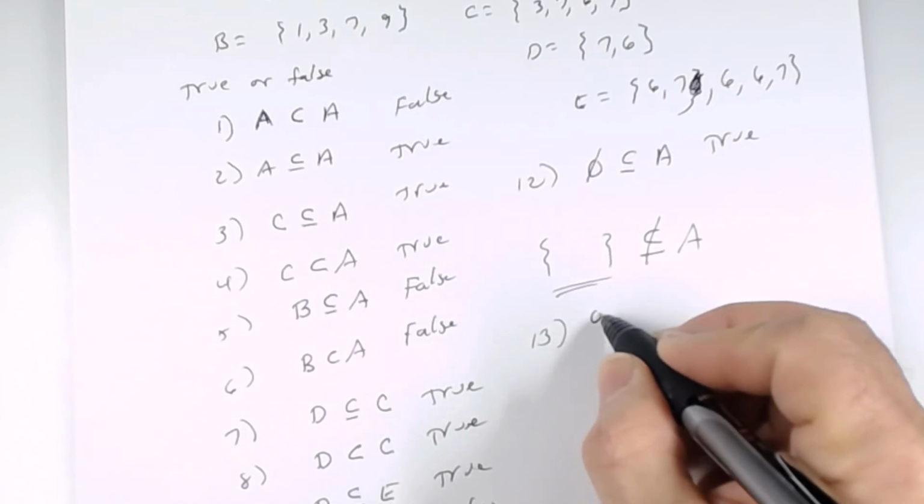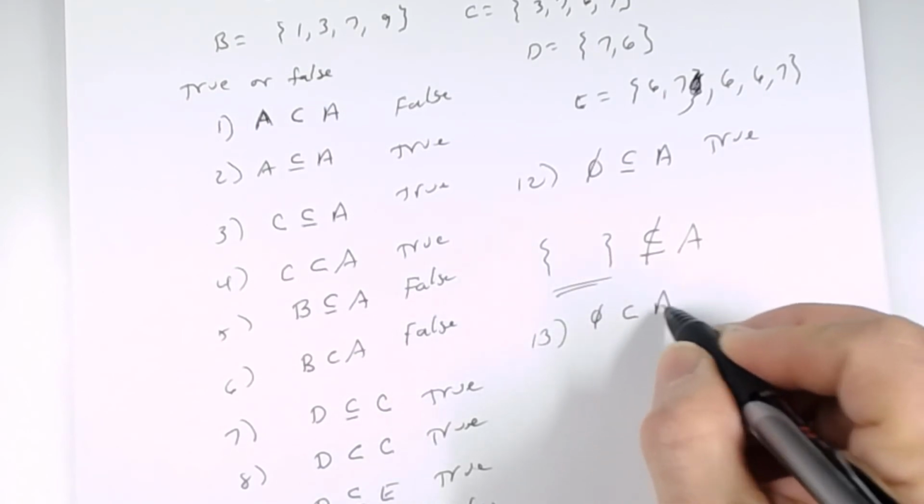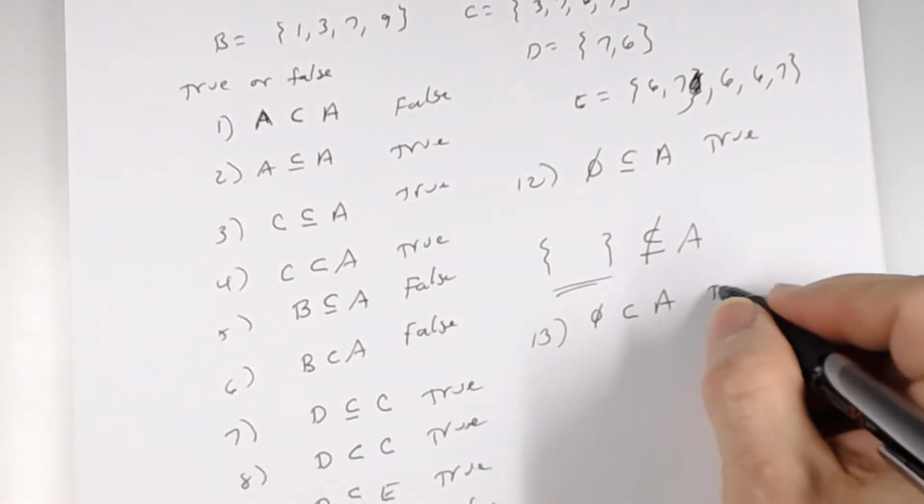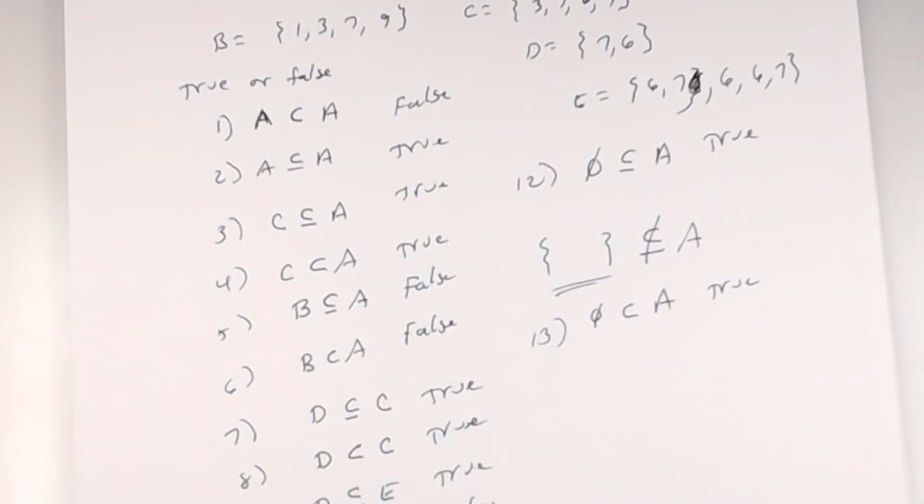Number 13, the empty set is also a proper subset of A. Okay? All right. So some of you were on the right train of thought with this. You knew that when I'm pointing to that, since there are no elements in there, I can't show one that's not in the other one. So therefore, it has to be a subset.